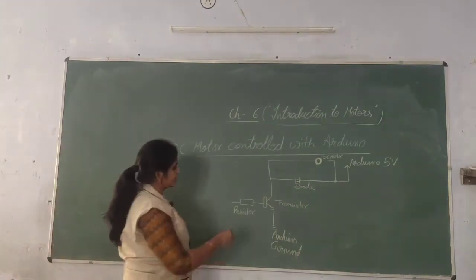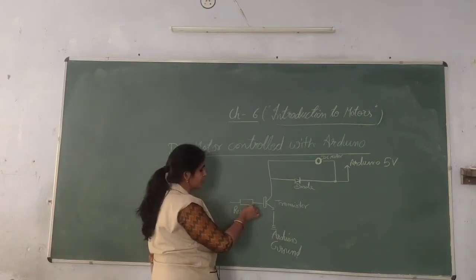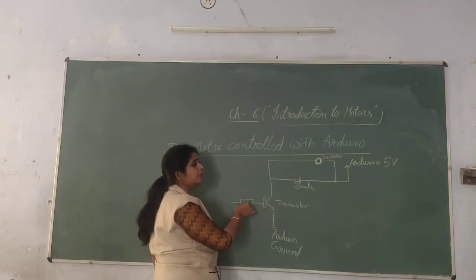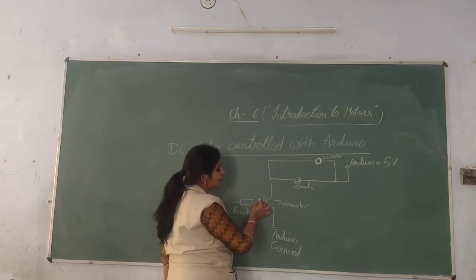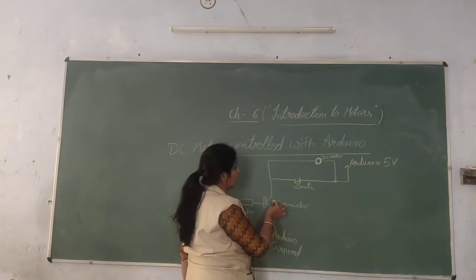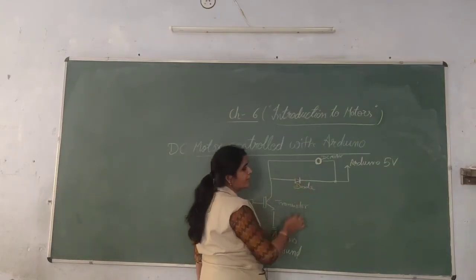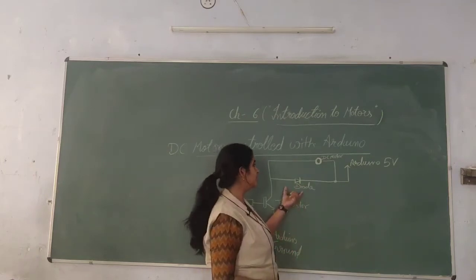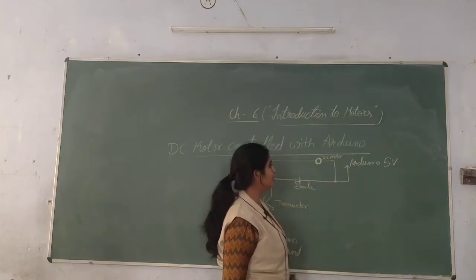In this circuit designing, I have used a resistor. You are aware about the resistors, that it can control the flow of current. I have used a transistor which will work as a switch, and with transistor I have attached a diode. I have told you why I use diode in this system, and DC motor and Arduino 5 volt.